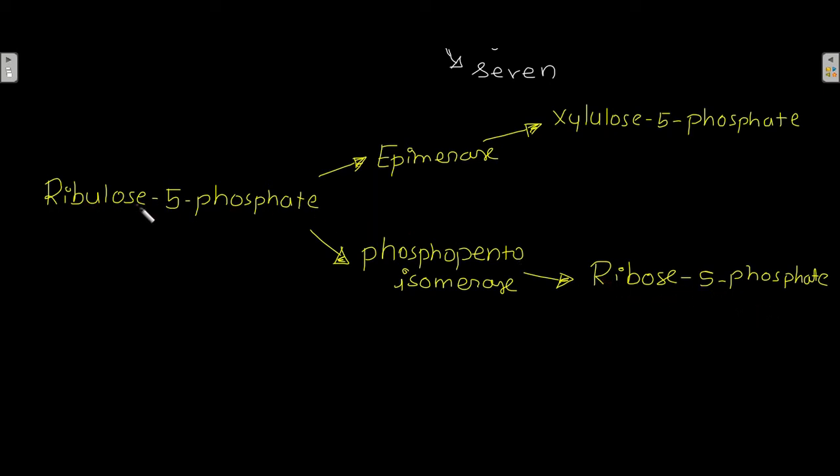So this ribulose 5-phosphate can be converted to xylulose 5-phosphate and to ribose 5-phosphate, and it depends on the enzyme which is present there to convert it.